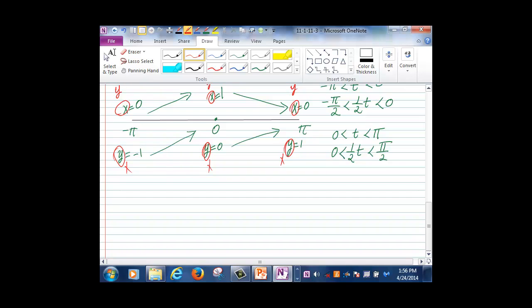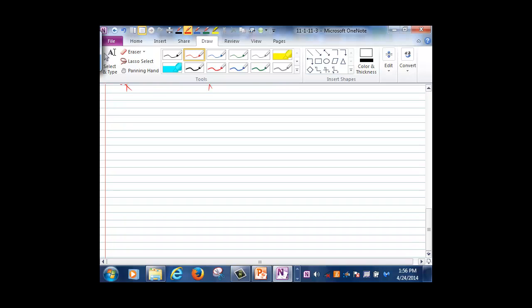All of them? Yes. Number 5. You have both parts or just one part? Both of them? Okay. The first one is the one which is asking you to sketch the curve, right?